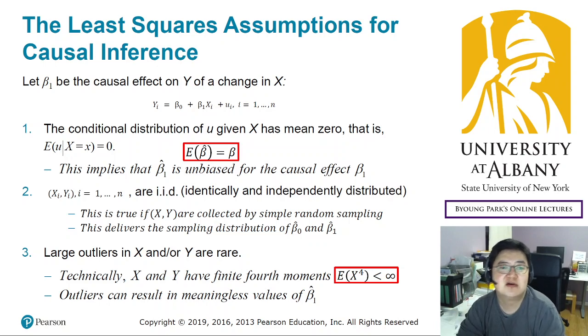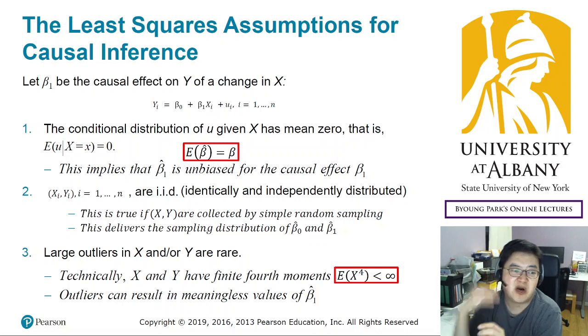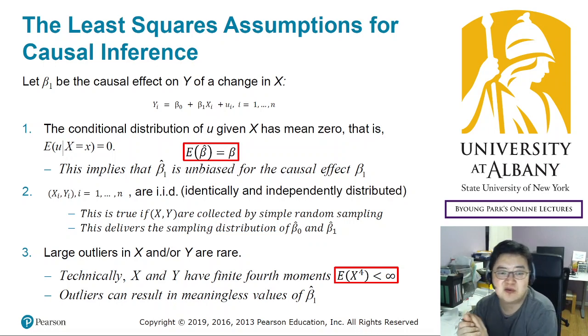When you make a causal conclusion, you need to check these assumptions. And as I said, I am not going to spend much time on mathematical details, even though I explain those notations and equations. So focus more on the intuition that I'm telling you.